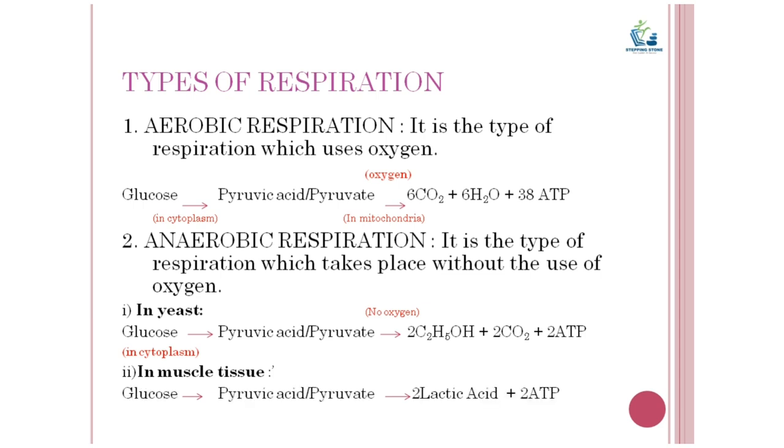So here you can see that glucose finally breaks down to form 2 ATP molecules and also lactic acid is formed. So this sudden buildup of lactic acid in our muscles during vigorous physical activity can cause cramps in our muscles. During heavy physical exercise, most of the energy in our muscles is produced by aerobic respiration.